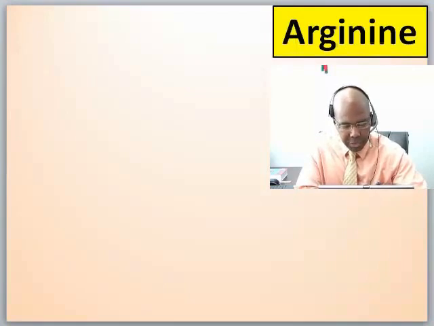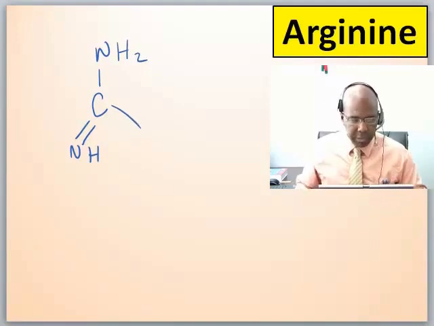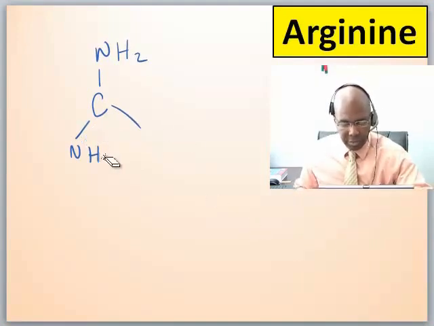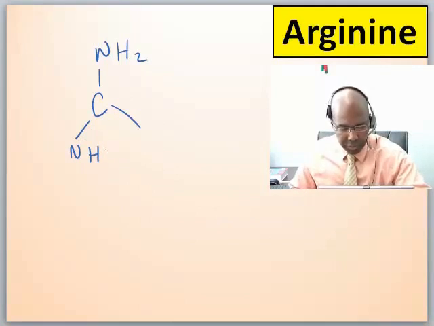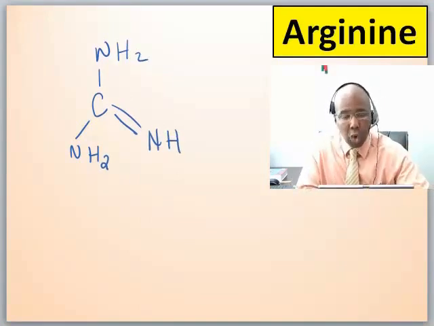Okay, guanidine has the structure C, NH2, NH, and actually I want to change that. I don't want to put my double bond here. So this is going to be NH2 and then the double bond NH. And this structure is guanidine.